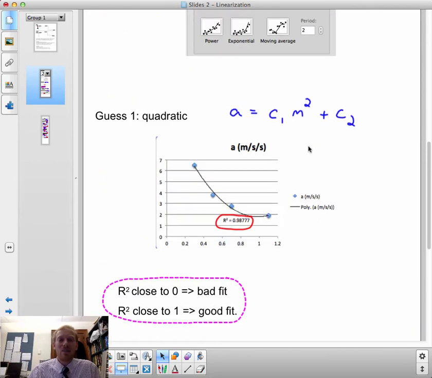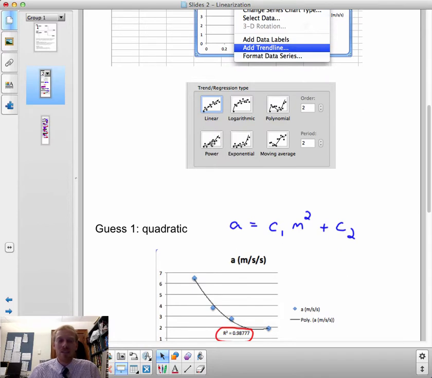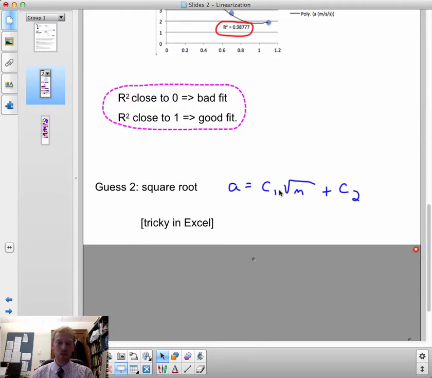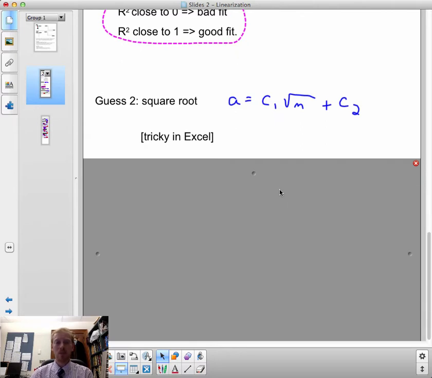It's tricky in Excel because when you ask it to fit a power function, it chooses among all of the different powers. You can't say, I want you to fit a parabola to this. It will choose the exponent it thinks goes best, whether that's squared for a quadratic or to the 0.5 for a square root function. Don't worry too much about this.